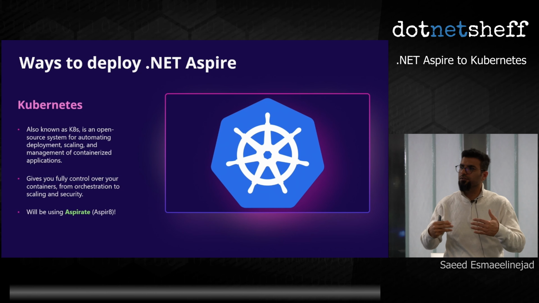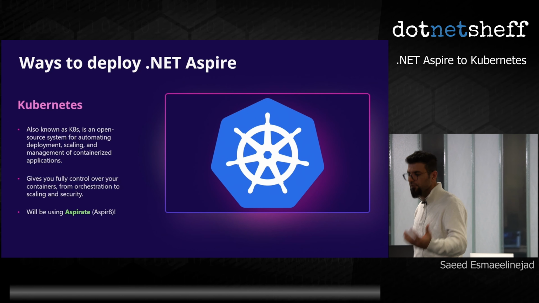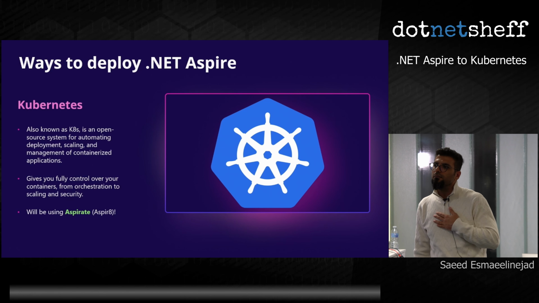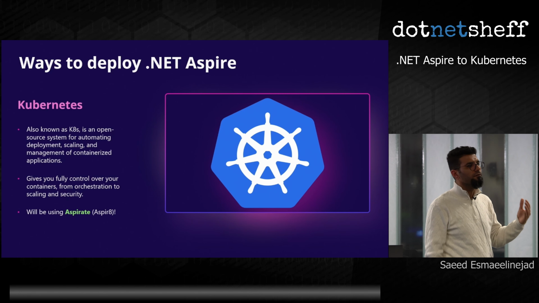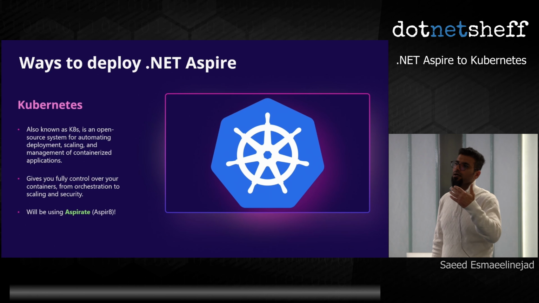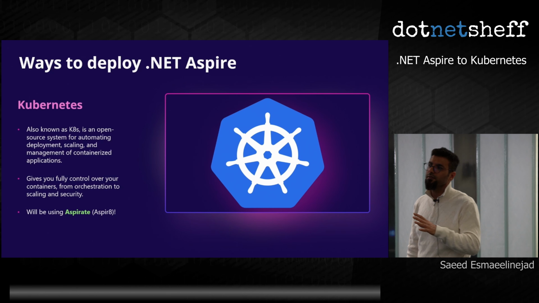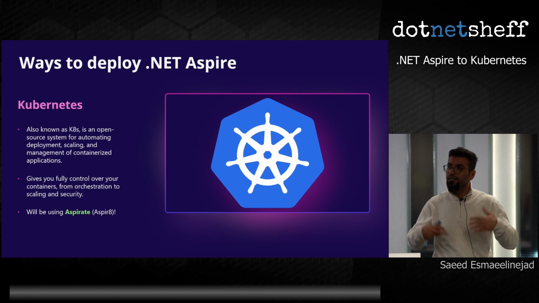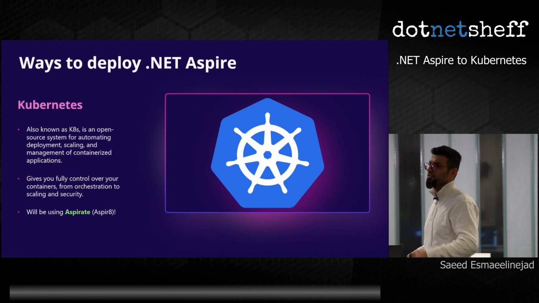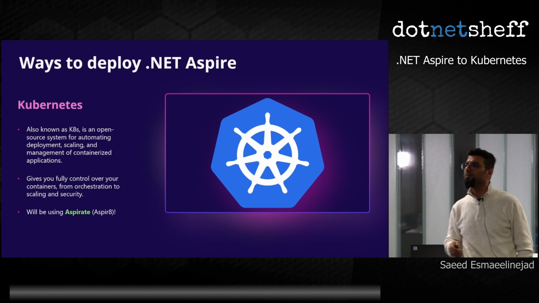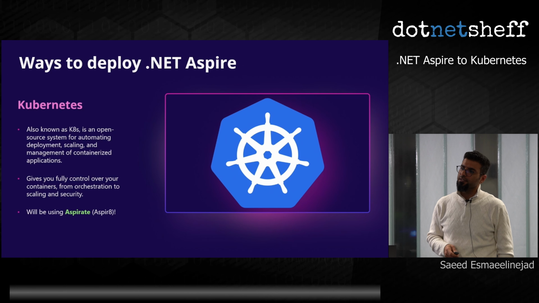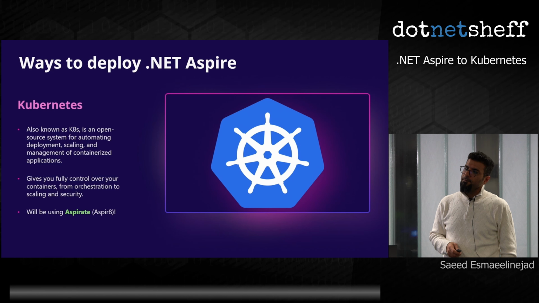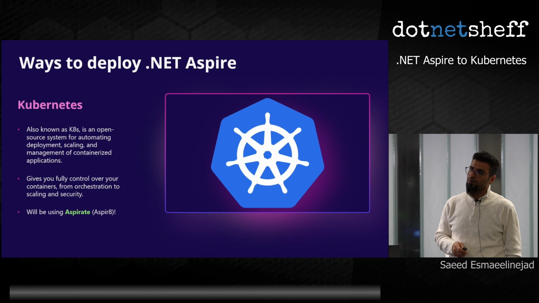If you have a few images, you can run all of them and scale them. It's really cool. I used it a lot. But after you work with Kubernetes, I realized that it was nothing. There is really great stuff with Kubernetes, and it gives you full control over your containers.